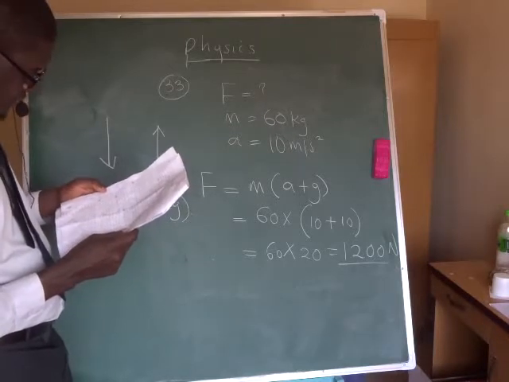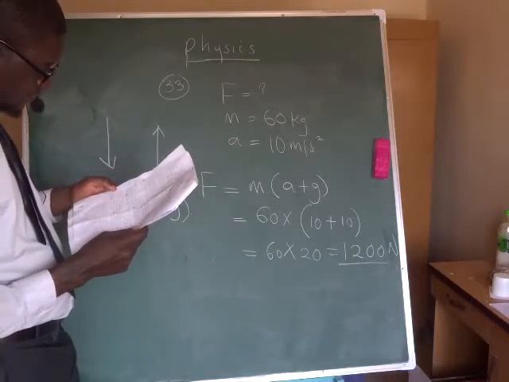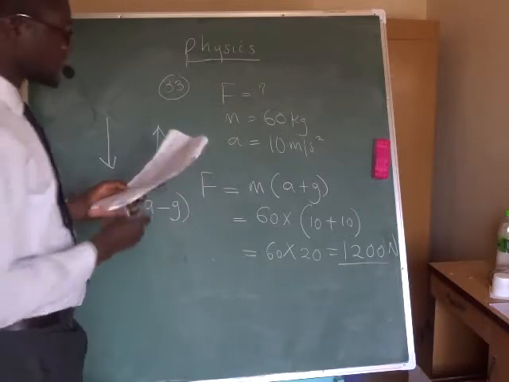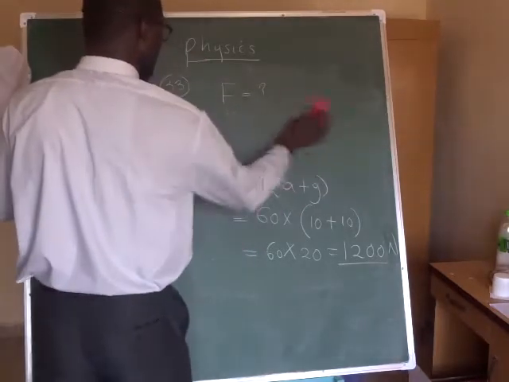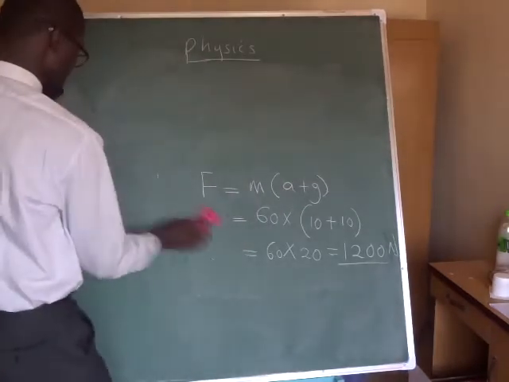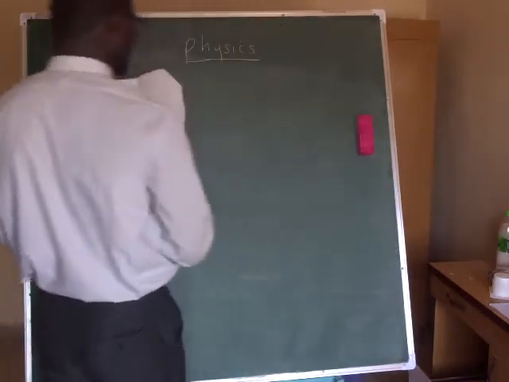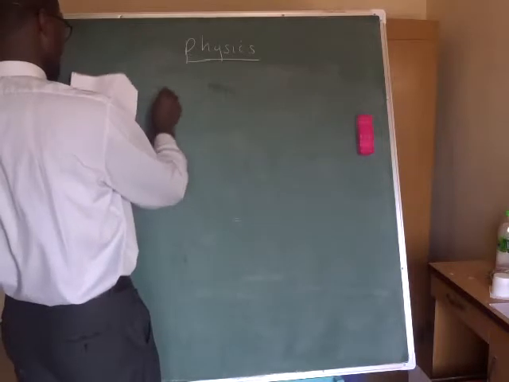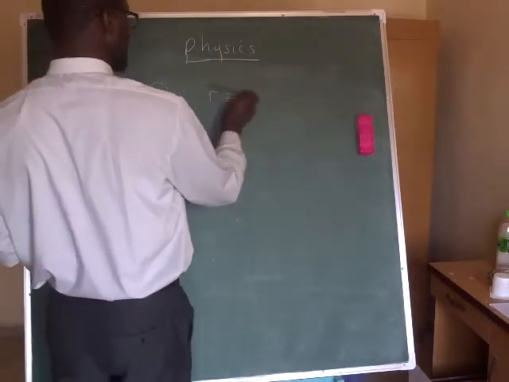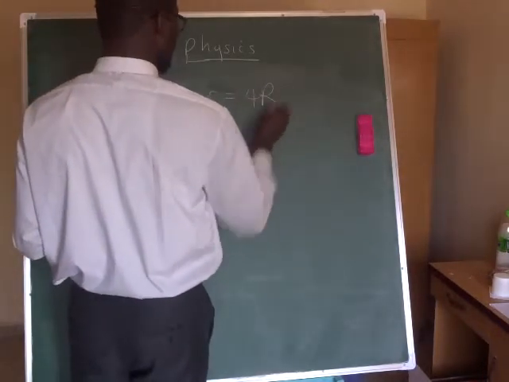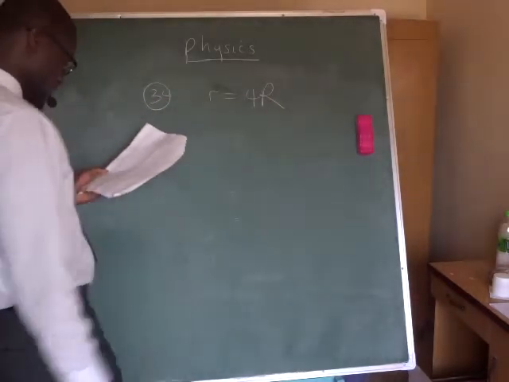Question 34. They say a satellite moves in a circular orbit of radius 4R, capital R. Of course, this capital R is the radius of the Earth.